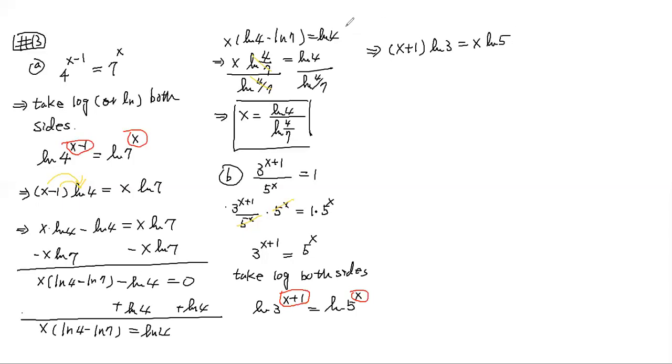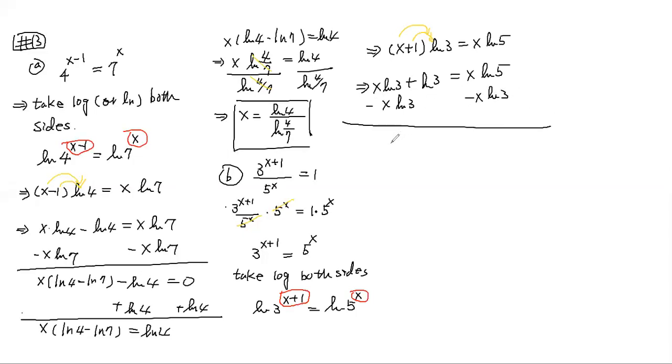Then what is the next thing here? Distribute, right? Okay. So to distribute it, I will have x natural log of 3 plus natural log of 3 is equal to x natural log of 5. Then solve for x. So I subtract x natural log of 3 from both sides.